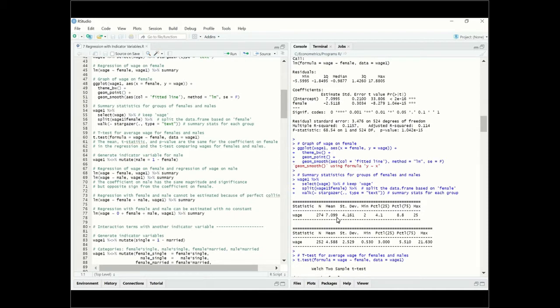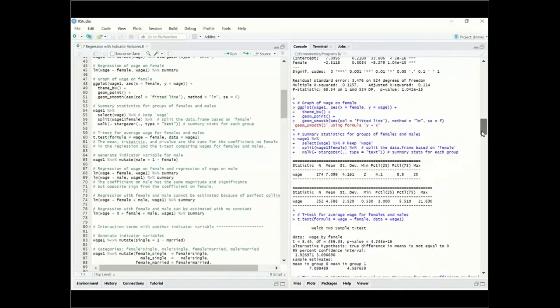The next thing that we can do here is a t-test for average wage for females and males, because we are basically just comparing the wage for males and females. We don't need a whole regression. We could just use the t-test. So the way to do this is t.test with a formula. We have wage on female. And here we would be getting the mean, the test statistic, and p-value.